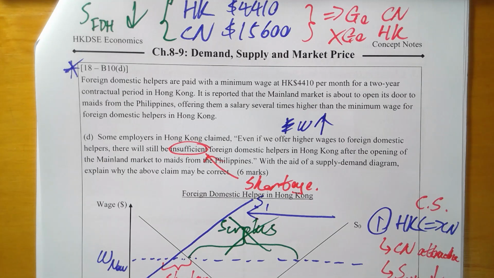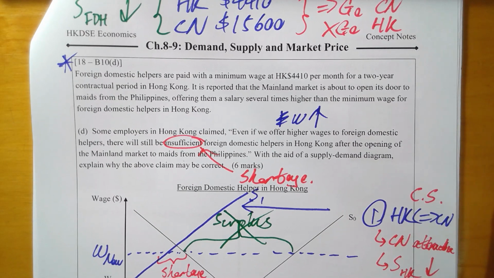For the next video, which will be the last video in this series, we will talk about a change in demand and supply and how the market price would be affected. Okay, until then, I see you later.